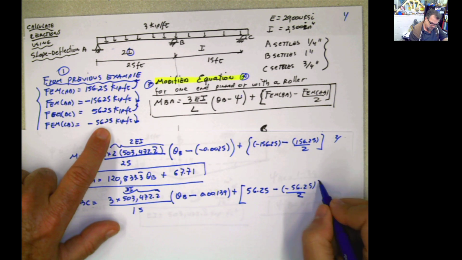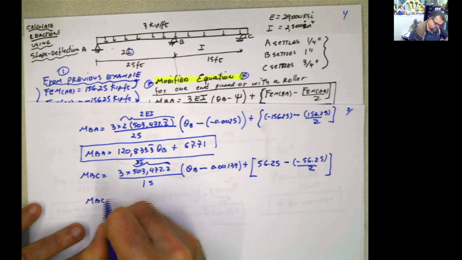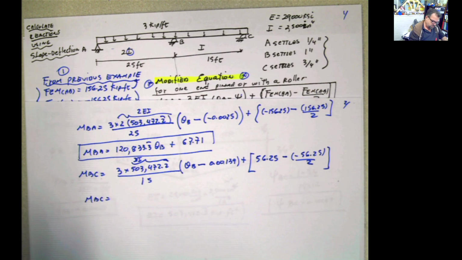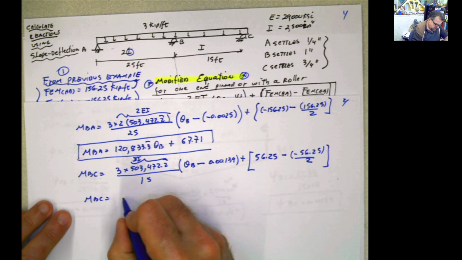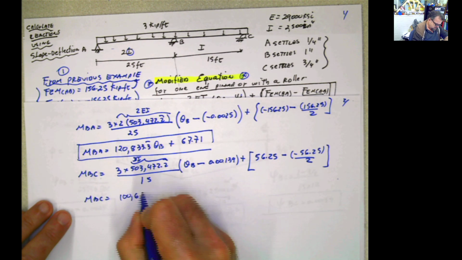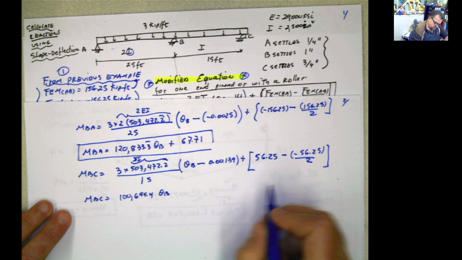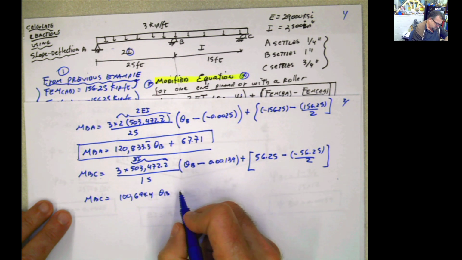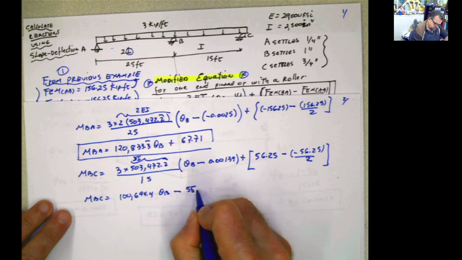Okay, that's basically it. And then MBC is equal to 100,694.4 rotation at B minus 55.6.